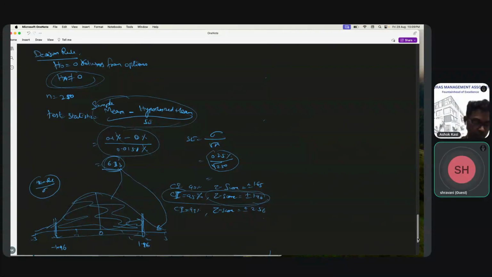So in this case, we are using a confidence interval. 95% confidence interval. Yeah. Okay, sir. Fine.